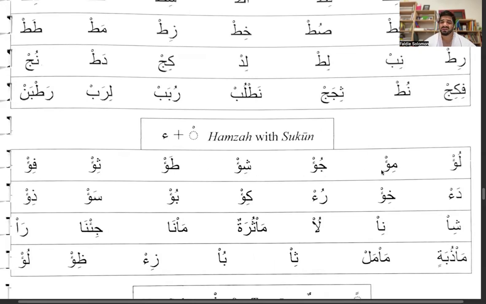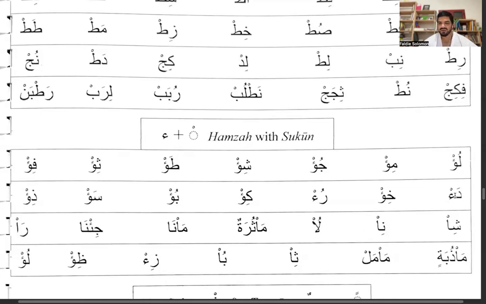Again, these are combinations that we threw together for you to be able to recognize; you'll never really find a sheet like this. But if you see the hamza and you see sukoon, you have to stop there, like a stop sign.